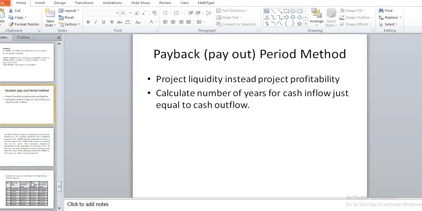If the tube light is replaced by the LED bulb, how many months are required to recover the investment in that LED bulb? So 90 rupees, and 10 rupees we get per month, so we require 9 months to recover the investment on that LED bulb completely.